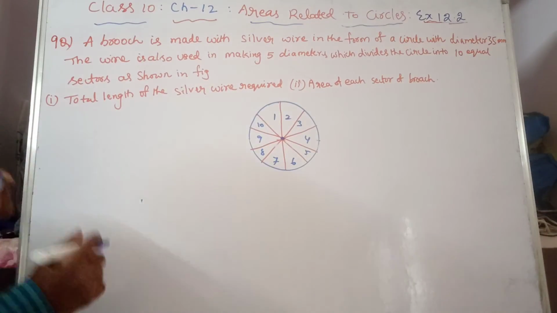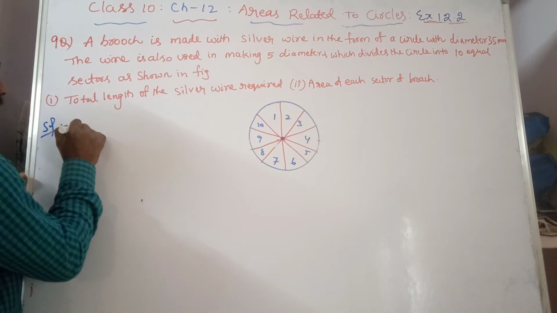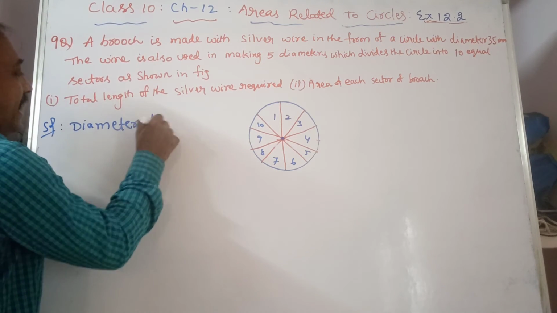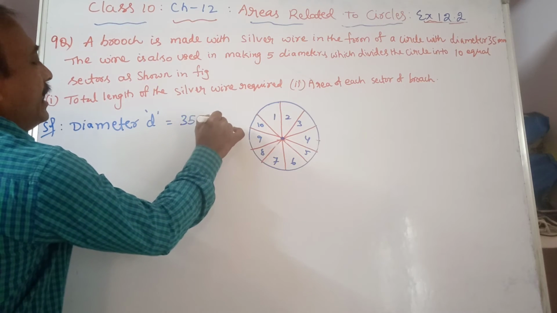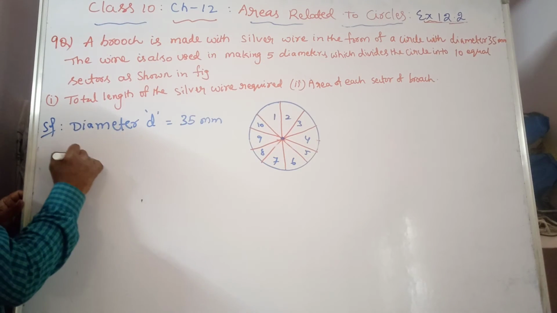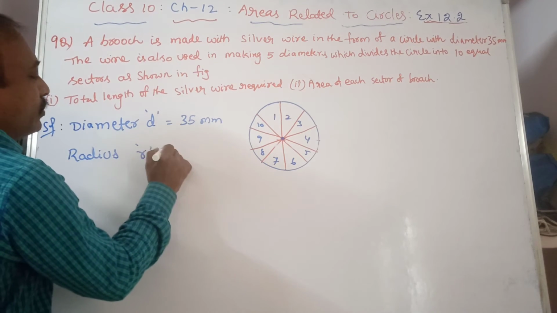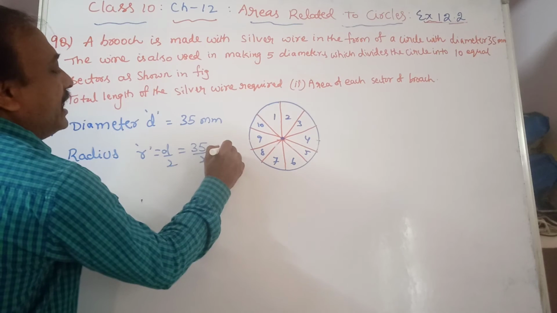Now look at this. Solution. First, what is given? Diameter D is equal to 35 millimeters. Radius R is equal to D by 2, which is equal to 35 by 2 millimeters.